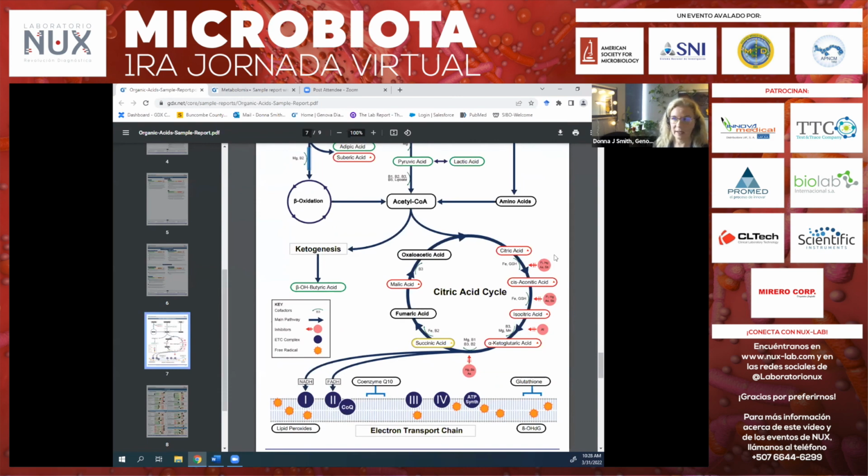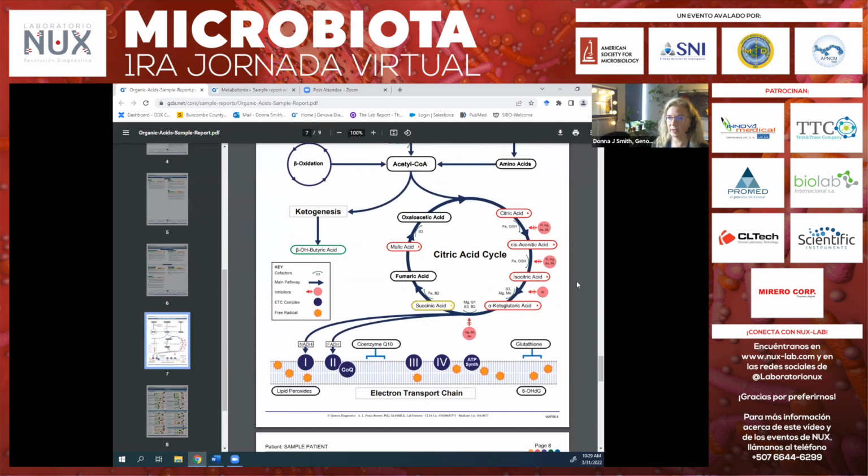One could be, in general, a B vitamin need. It can also indicate some toxic exposure, specifically heavy metals, preventing the progression along the pathway, as well as just oxidative stress in general. So then here at the bottom of this page, we have the electron transport chain.